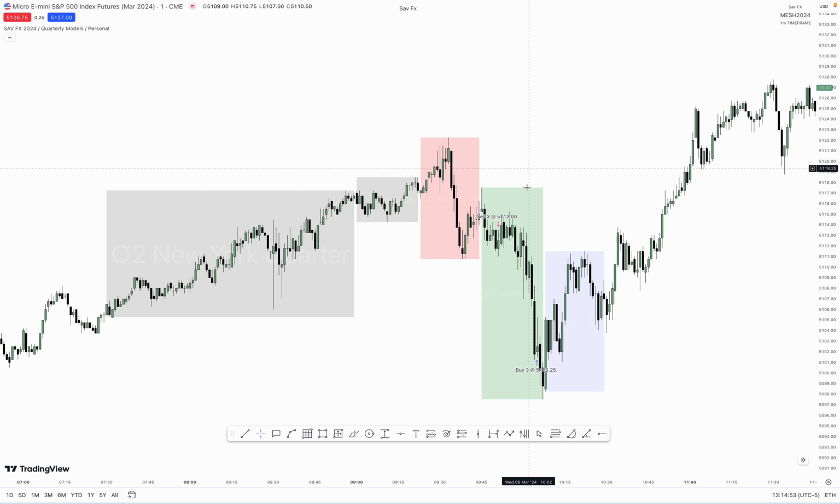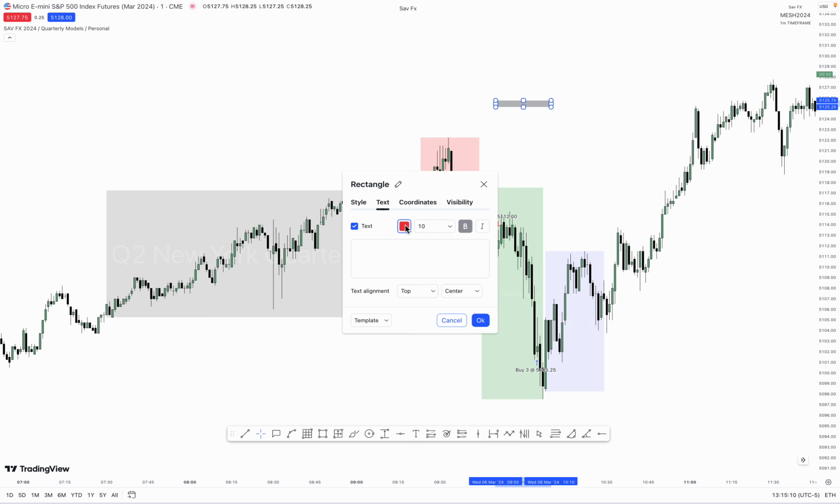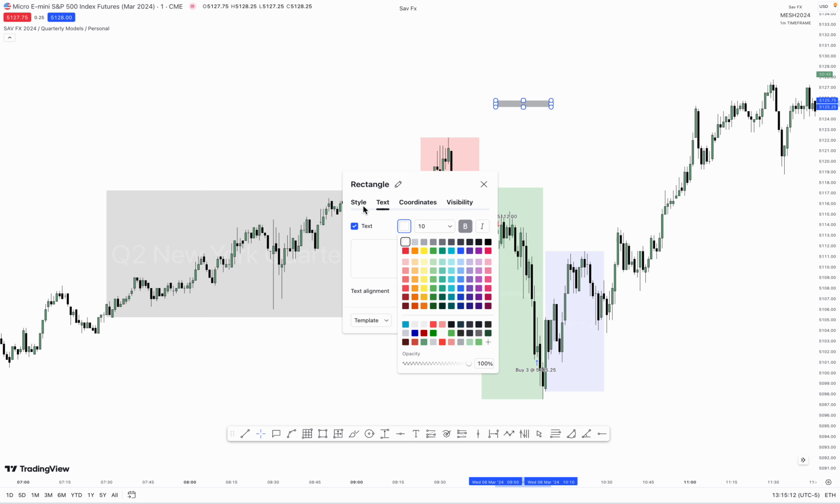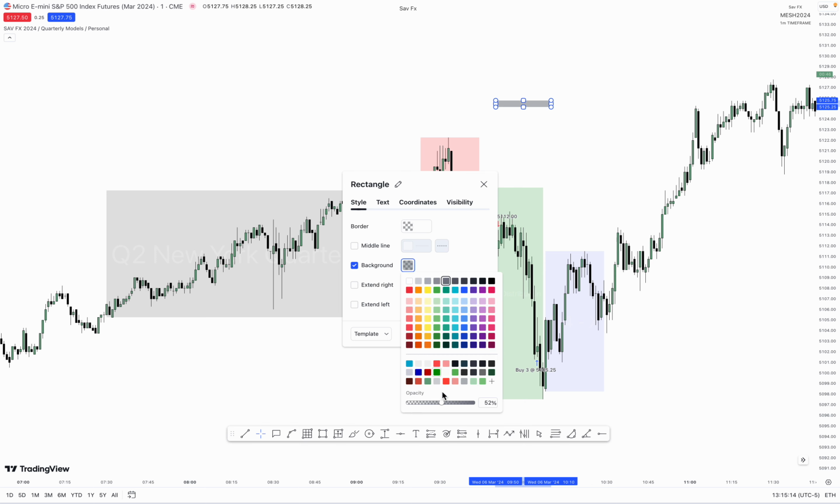But now there's a different perspective in which you can look at this. If we mark out this range from my entry from 950 all the way to 1010, we can make this white and then make the range like this.